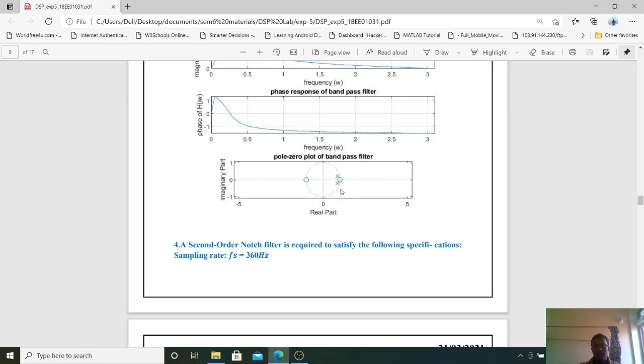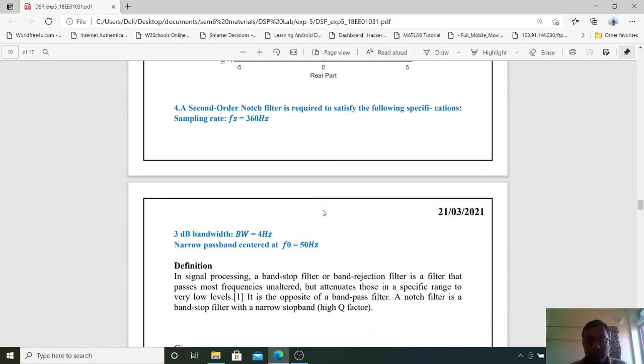If a pole or zero is a complex number, then it will always occur in a conjugate pair, so that we get real coefficients in the difference equation of that filter.